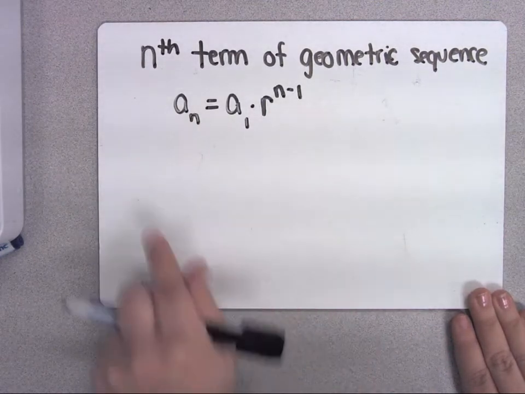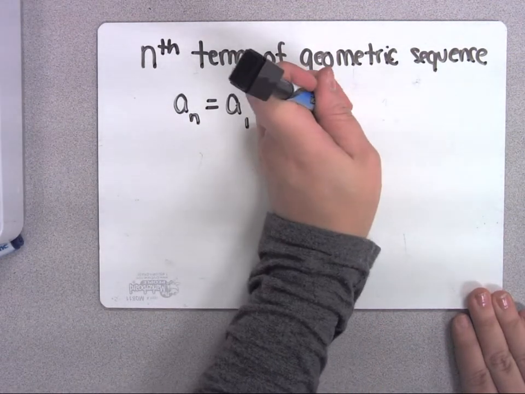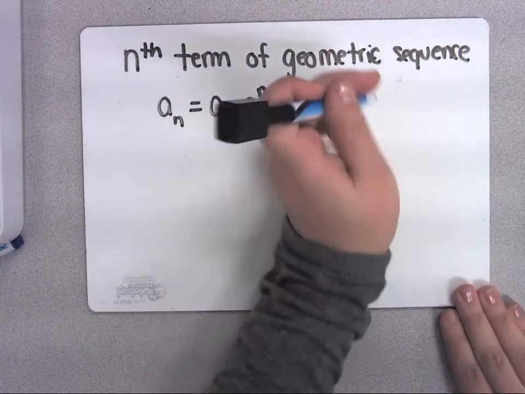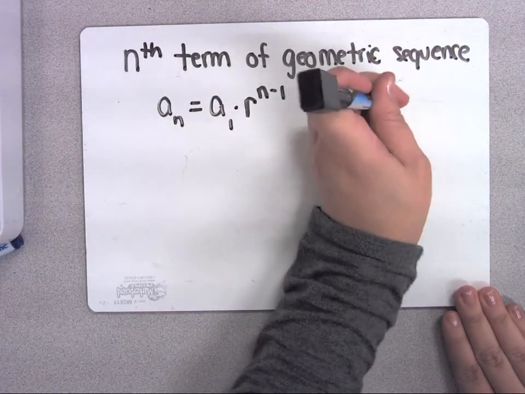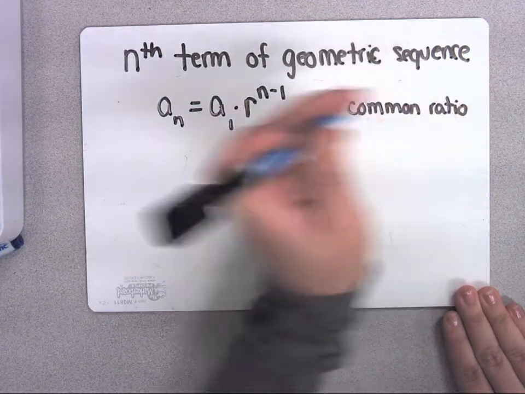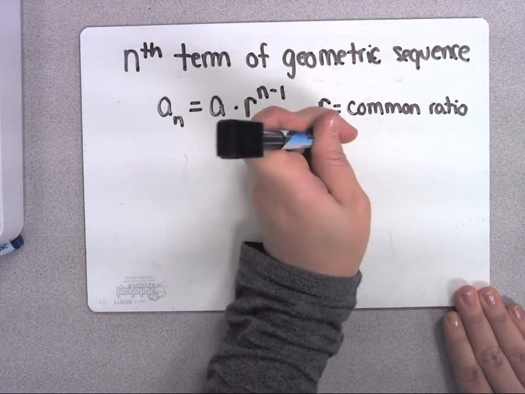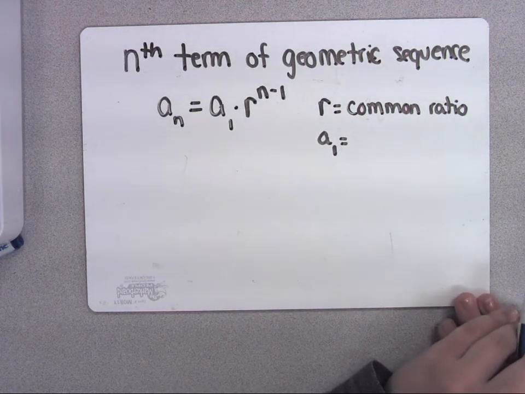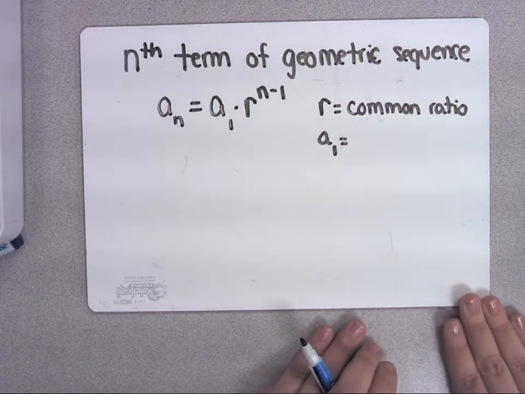We've got to talk about what all these things mean. The one we know, what does R stand for? Common ratio. A sub 1, does anyone know or remember what A sub 1 means? Think about a sequence.